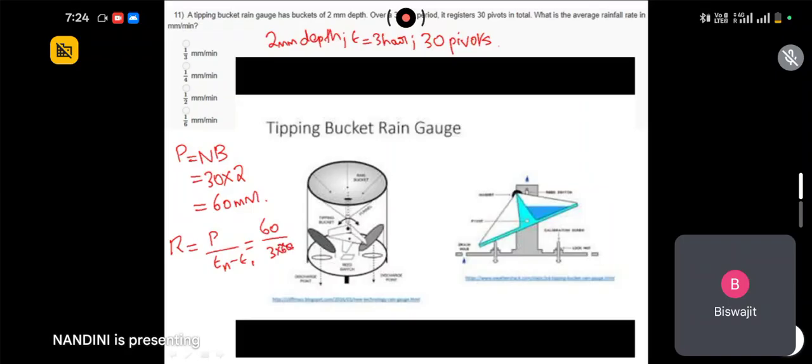It will be 1 by 3 millimeter per minute is the average rainfall rate. This is the amount of rainfall that has happened per minute. So that's how a rain gauge gives you the measurement of rainfall.